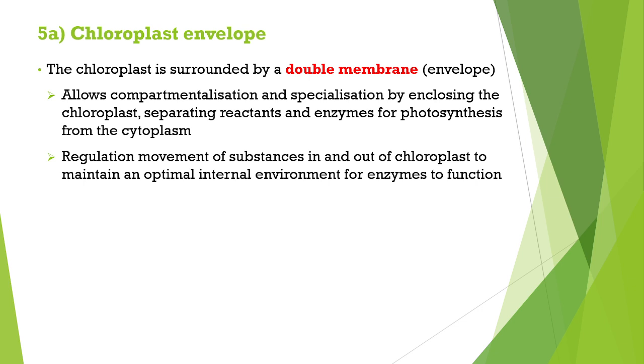Oxygen can leave, rather, the envelope is permeable to oxygen. So that helps with compartmentalization and specialization, to maintain the optimal internal environment inside the stroma, for the enzymes, especially those for the Calvin cycle, to work.